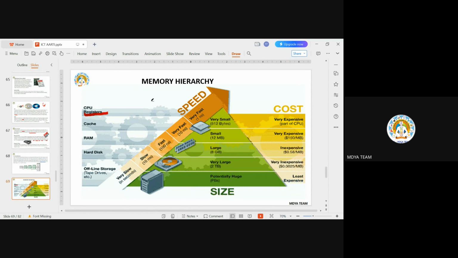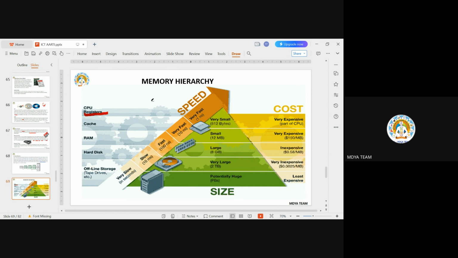RAM and these memories are connected with buses. I will tell you about buses also. There are address bus, control bus, and all buses have different functions. So first we will understand the CPU. In the CPU there are registers and cache memory, and level 3 cache memory sometimes is present outside the CPU.